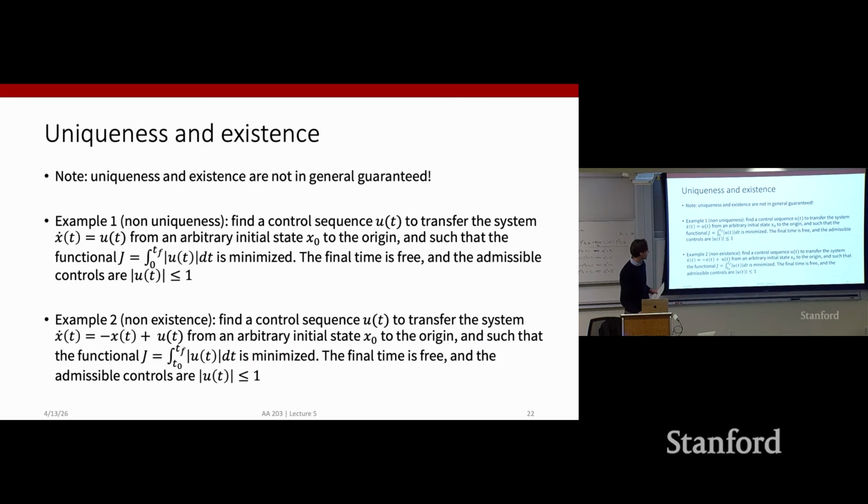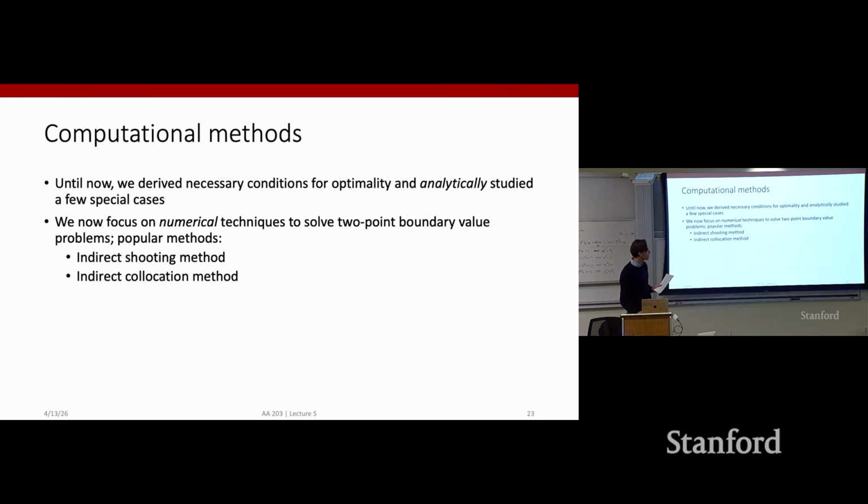Okay, so I have only 10 minutes left, so I'll skip over this and finish it next time. But I want to give you a hint on computational methods and show you how to solve these problems in practice. Until now, we used our optimality conditions to derive our systems of differential equations and our minimization over u condition.